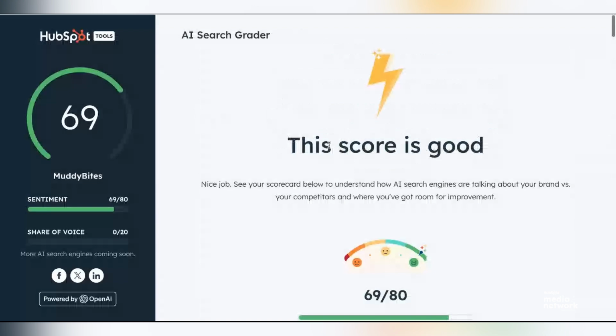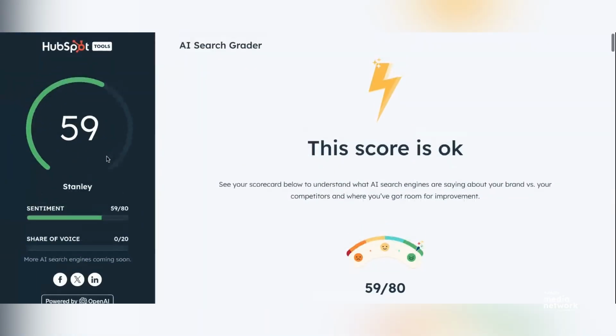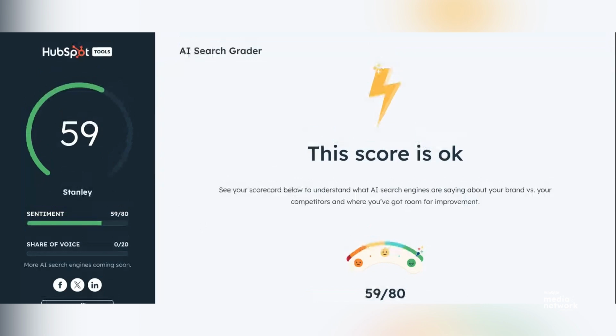If you're curious about a brand that you think is doing really well, jump in there and you can see why it's doing so well. I think anytime you use a tool like this, you want to pick really established brands, right? Because then you can also see what the gold standard might look like. And what's interesting is we did Stanley mugs, and their products have been huge over the last year, right?